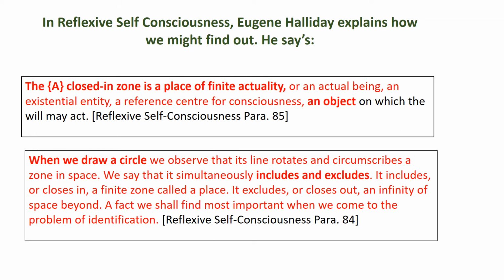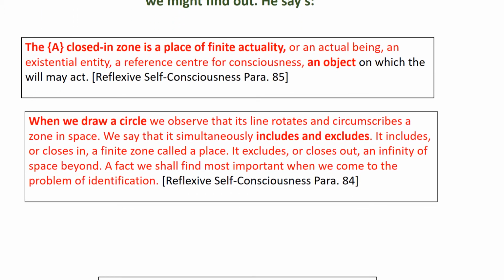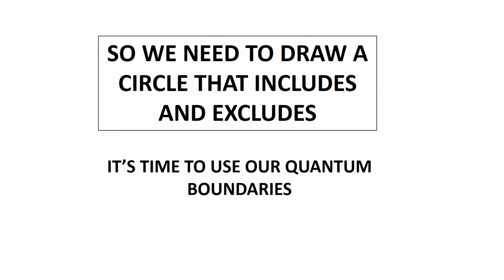It excludes or closes out an infinity of space beyond, a fact we shall find most important when we come to the problem of identification. So he advises us to draw a circle that includes and excludes.